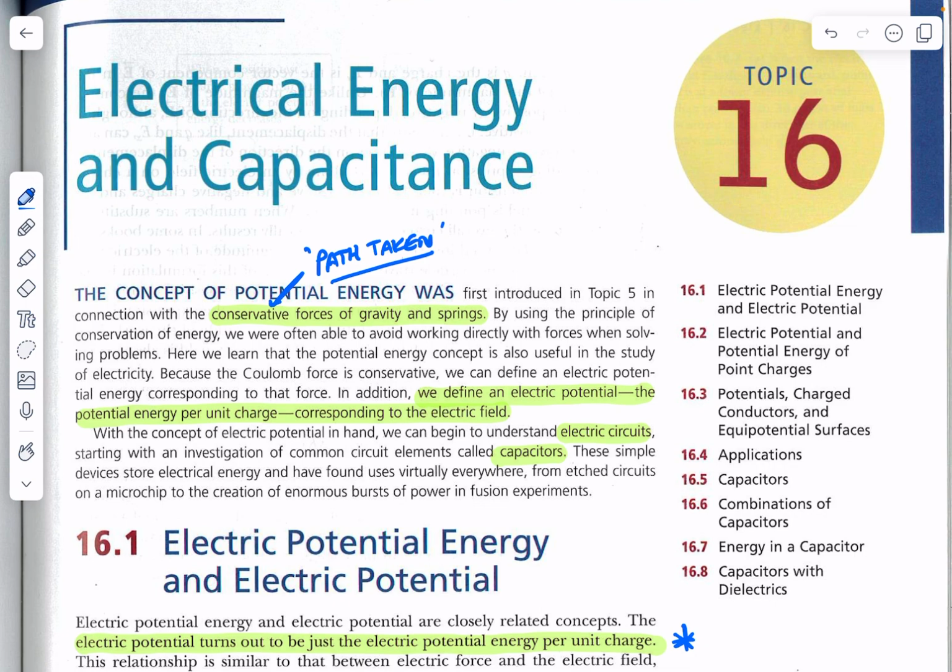There are lots of things that are conservative like that. When it does depend upon the path, whether you take a rather circuitous route to the top of the mountain or you go straight up, the big difference is going to be the amount of friction that you encounter. And whenever you have friction involved as a factor, then you have a non-conservative force as opposed to a conservative force.